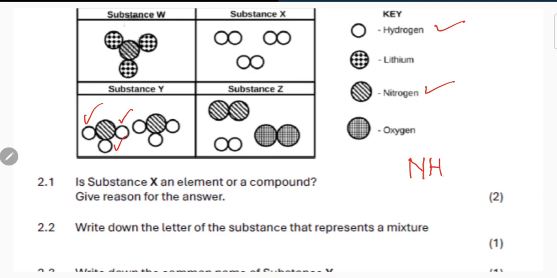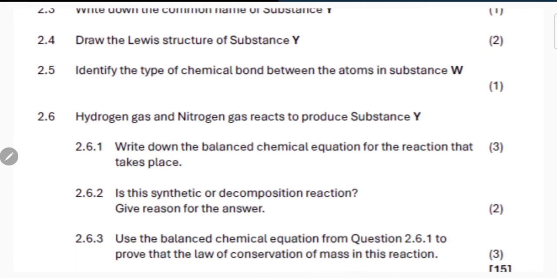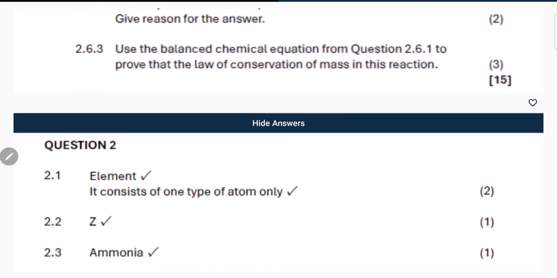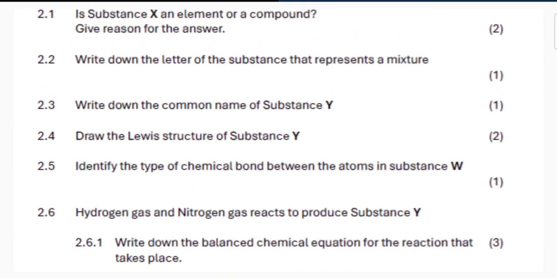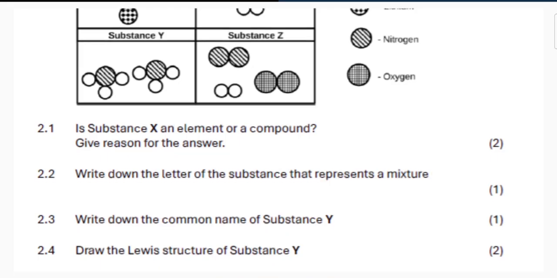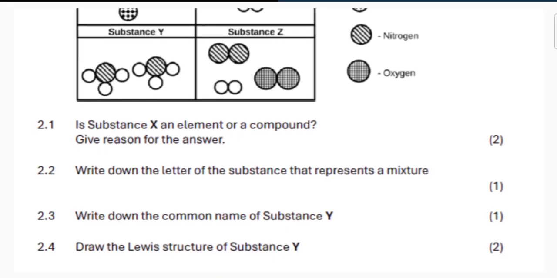So it's surrounded by 3. Let's look at the answer for that one. It is ammonia, which is NH3. So the common name for substance Y, NH3, is ammonia. Then, draw the Lewis structure for substance Y.